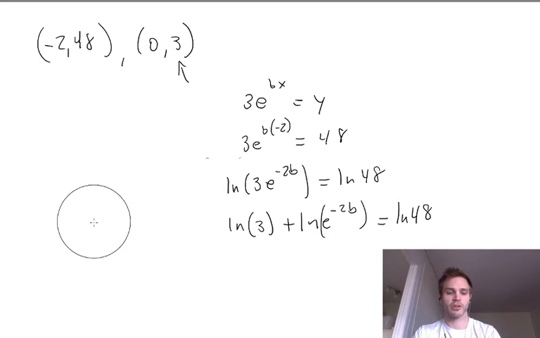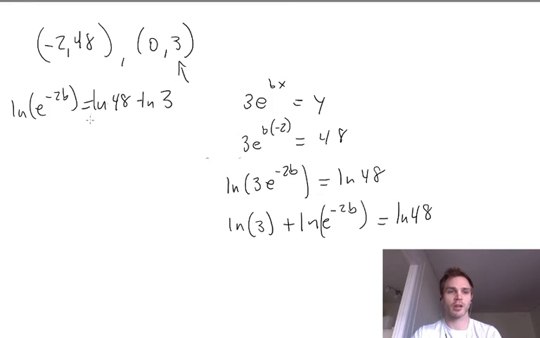And I'm just going to bring it over here to keep working on it. And so I'll subtract the log of 3 from both sides, and I get the log of e to the negative 2b equal to log 48 minus log 3. But this is the same as log of 48 divided by 3, and that's just a log rule.